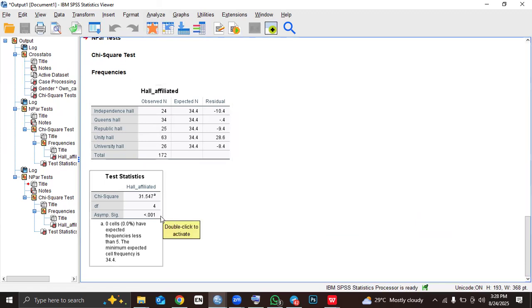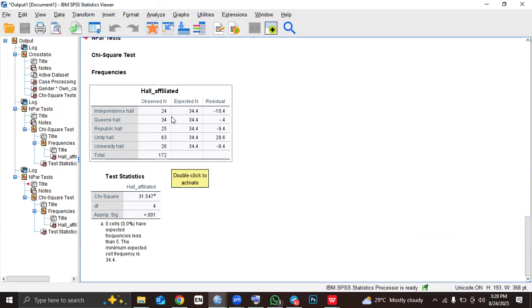So the degree of freedom is telling us that if we add the 4 observed values of each hall and then subtract it from our total number of students, we automatically get the number of students who entered the last hall. So that's what the degree of freedom is going to tell us.